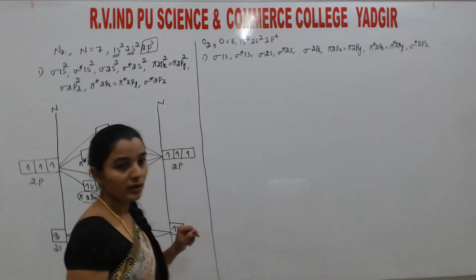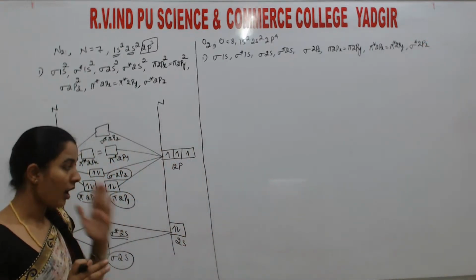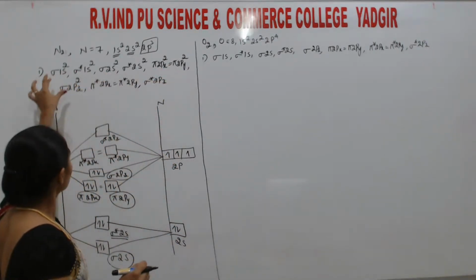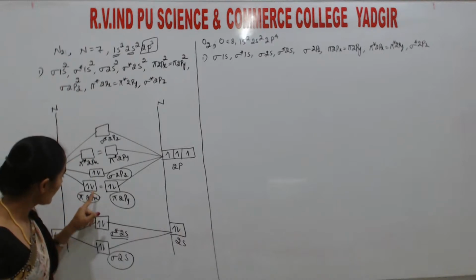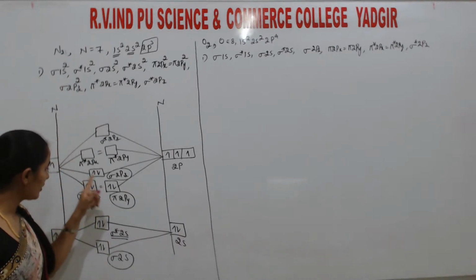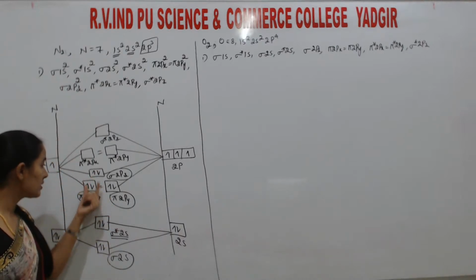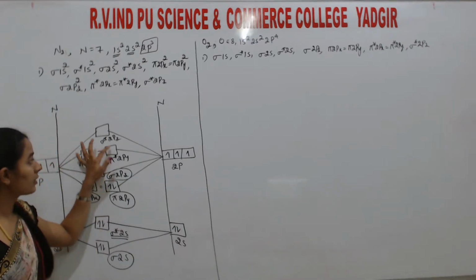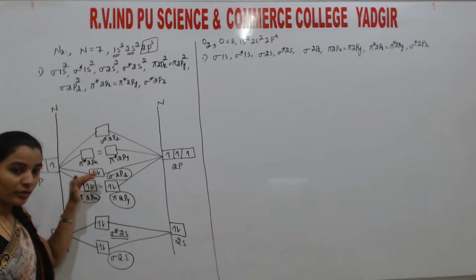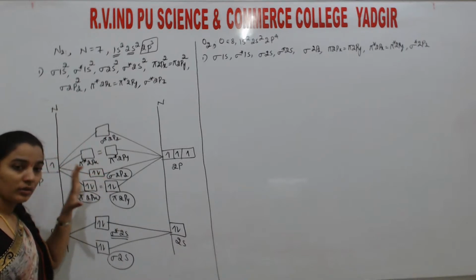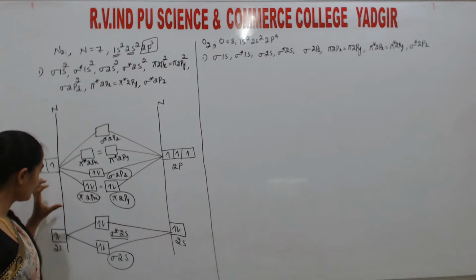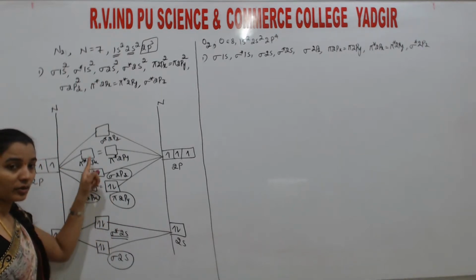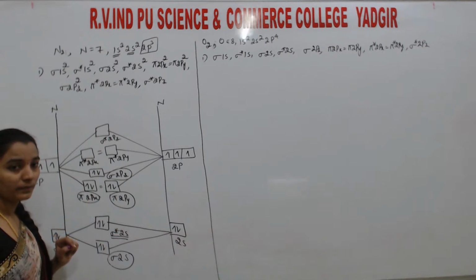Are you getting? What is the configuration change here? Up to nitrogen, pi 2px, pi 2py comes first, later sigma. Because until these, whatever electrons fill up places, that is equal in energy. They are not entering pi star orbitals here. Up to nitrogen, they are in bonding molecular orbitals only, not in anti-bonding.